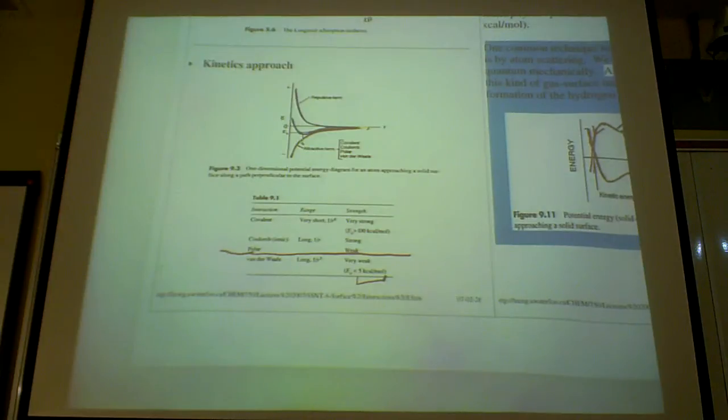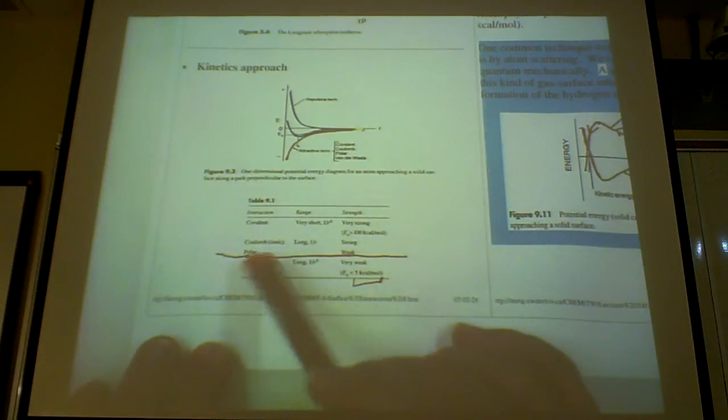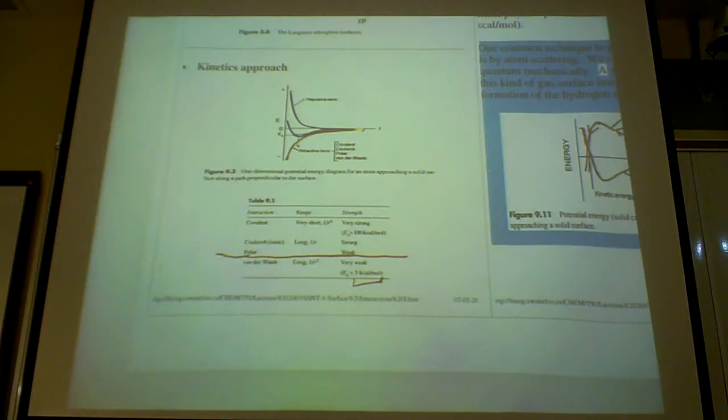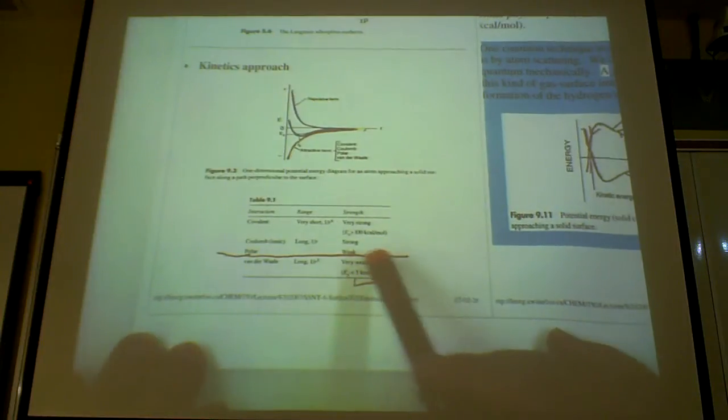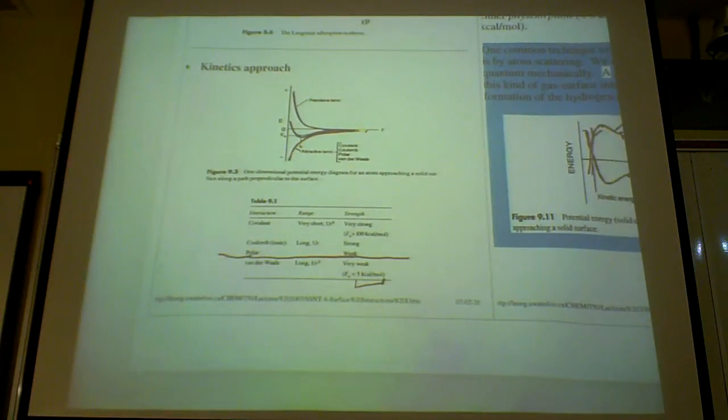And of course van der Waals won the Nobel Prize because of his understanding of this long range van der Waals potential that really occurs at large distance, and this is extremely weak. Typically, the energy there is less than 5 kcal per mole.